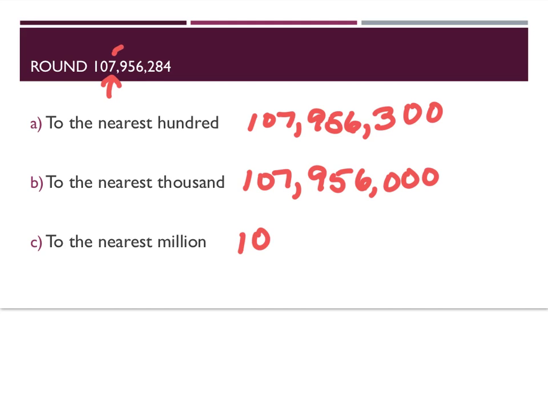Look just to the right of 7, and that digit is 9. 9 is 5 or greater, so the 7 is going to round up to 8, and everything else gets filled in with zeros, so that when I read this, it rounds to 108 million.